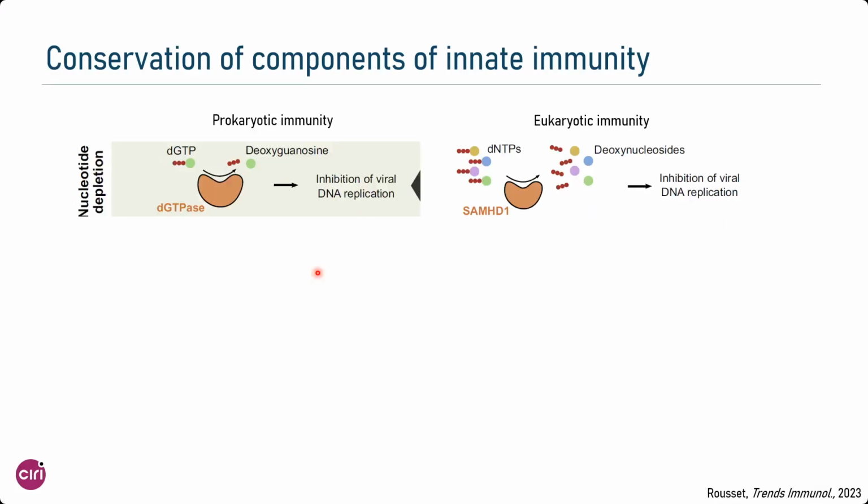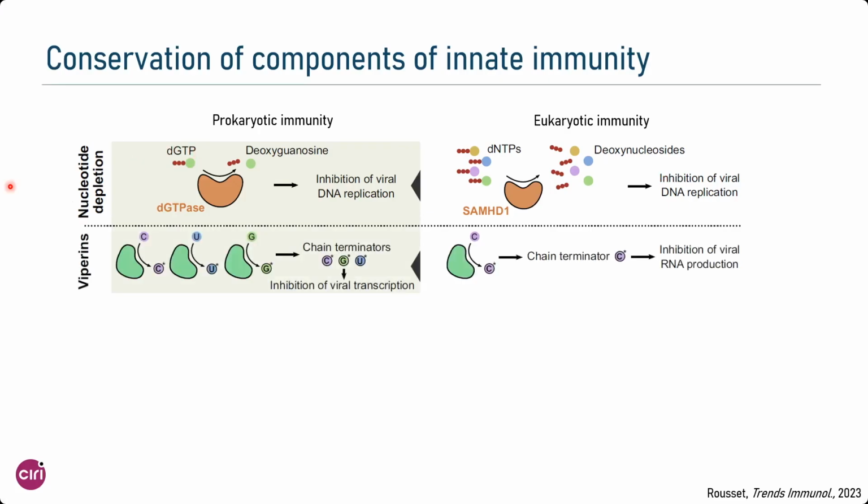For instance, humans have an enzyme that is called SAMHD1, which is actually a restriction factor against HIV. And this enzyme during a viral infection can deplete all dNTPs, which are used as building blocks for viral replication. And so this blocks infection. Actually, similar enzymes exist in prokaryotes, and they degrade the nucleotide GTP to similarly block viral DNA replication.